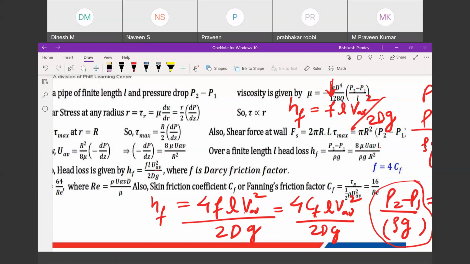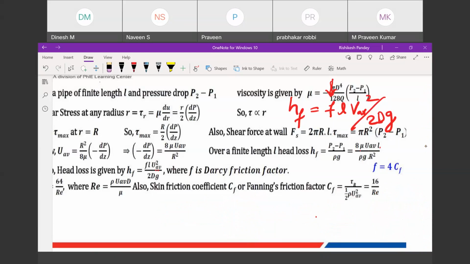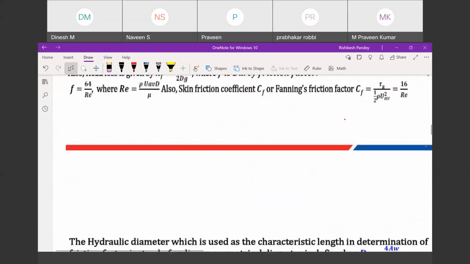Okay, so this is over, I hope. I hope all points related to Hagen-Poiseuille you have noted.